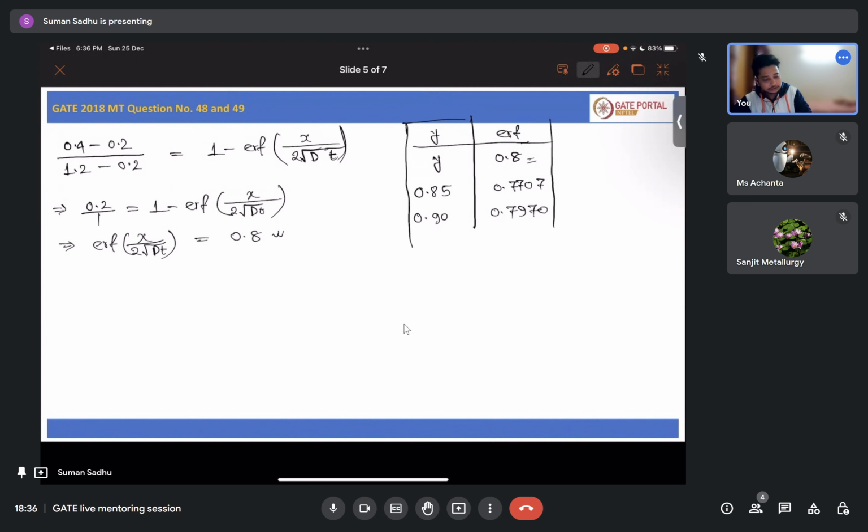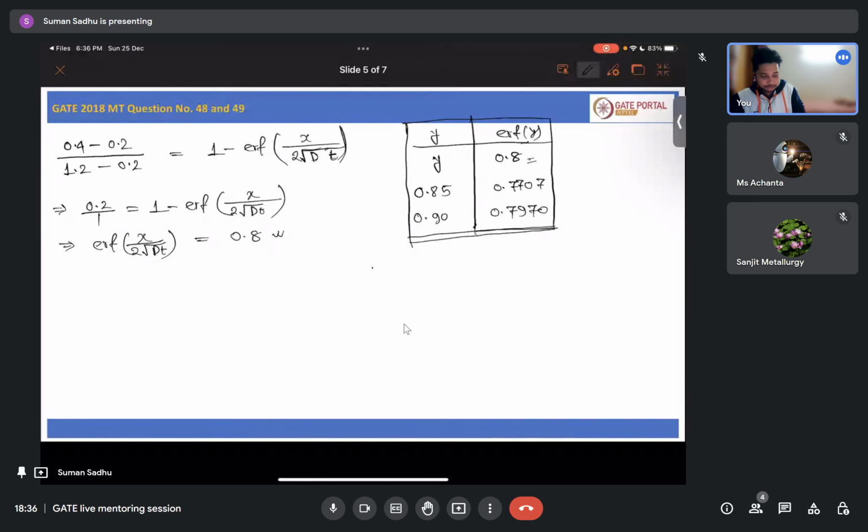Just from looking at the table, can you guess roughly what value it will come to? Because one of these values is very close to your given error function.